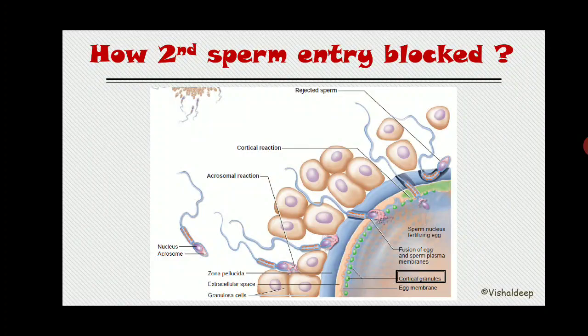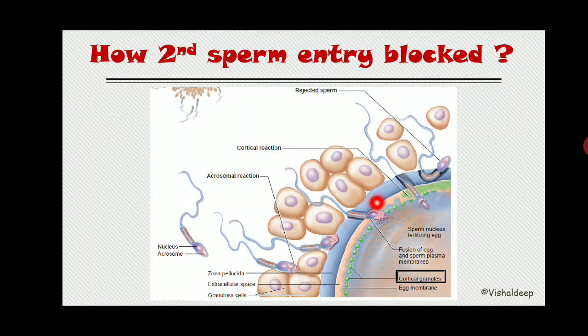Second thing is that whenever this single sperm entered inside this oolemma, this oocyte membrane, the granule that is released, the cortical granules, the content of the cortical granules has an enzyme. That enzyme will eventually degrade the receptor that is present over the zona pellucida.